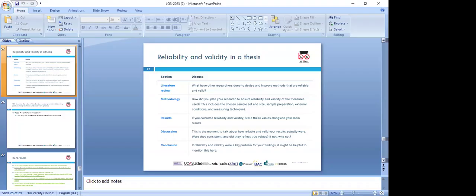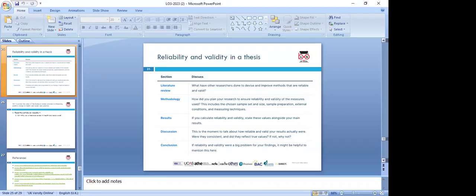Results: if you calculate reliability and validity, state these values alongside your main results. Okay. Discussion: this is the moment to talk about how reliable and valid your results actually were. Were they consistent? Did they reflect true values?